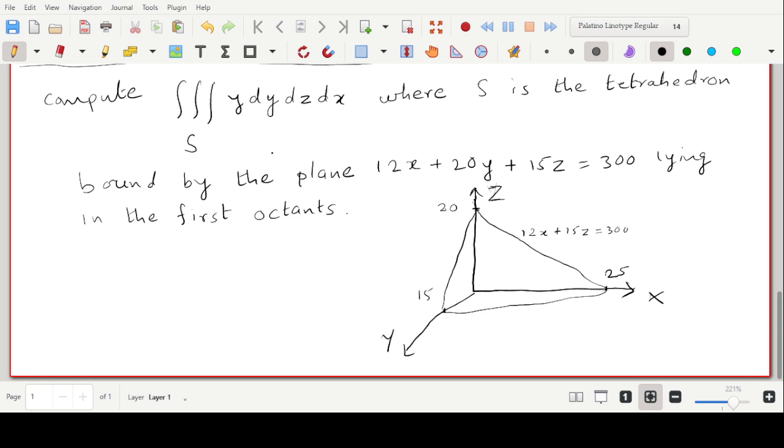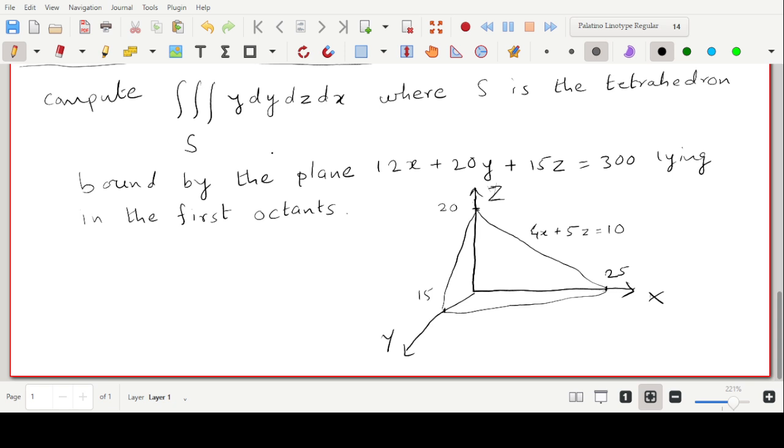So can we reduce it? I think yes, we can divide the whole equation by 3. That gives us 4x plus 5z equal to 10.